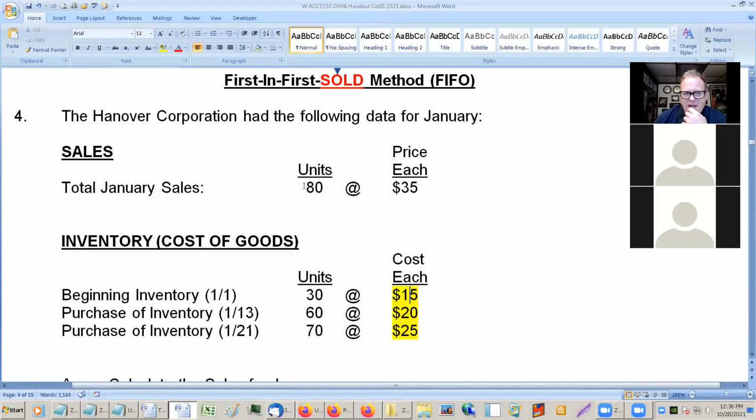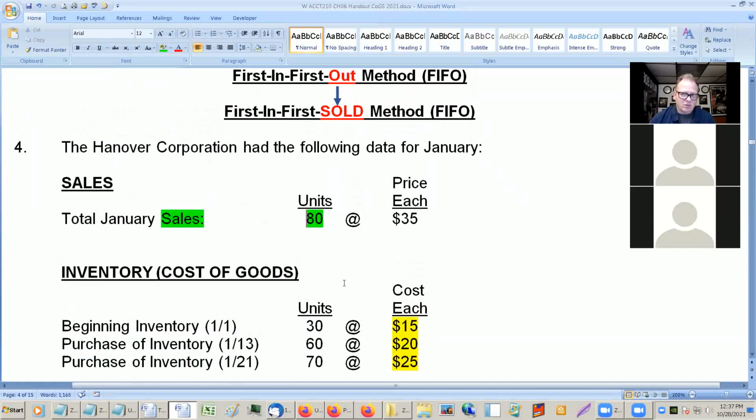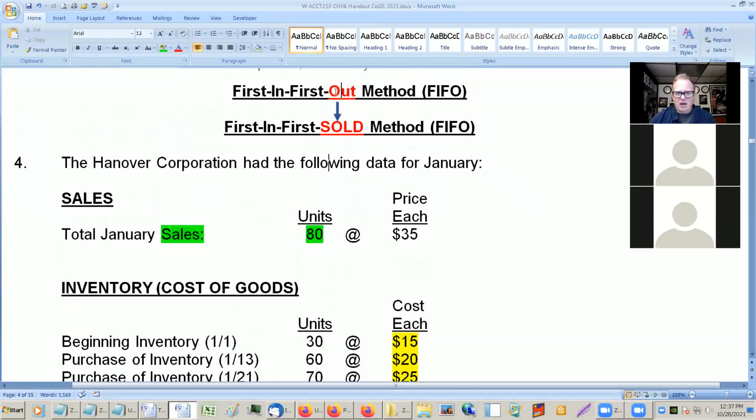Because when you sell these 80 units, you've got to know which units you sold, right? You have all these units down here that you can sell. Which of those are from those 80 units that you sold, which ones are they? And generally speaking, first in, first out is probably the way they are sold. The first ones in are the first ones sold.